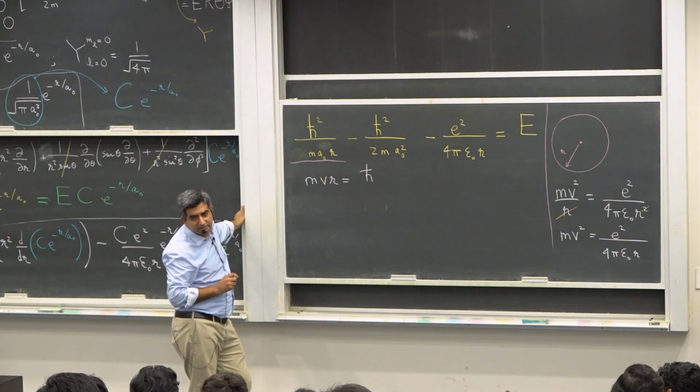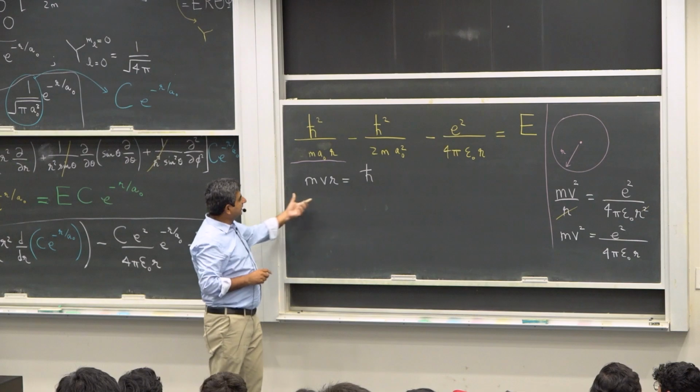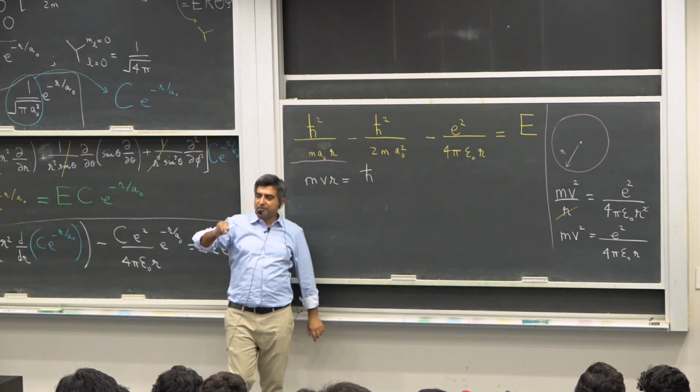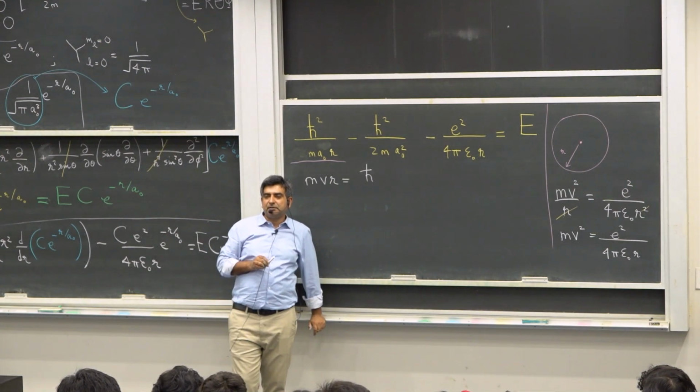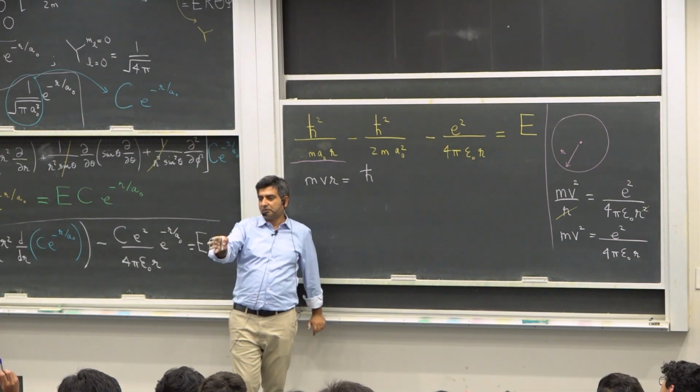So this is the angular momentum of the electron, and Bohr proposed that it is quantized in units of h bar. For n equals 1 it's h bar, for n equals 2 it's 2 h bar, then 3 h bar, and so on.